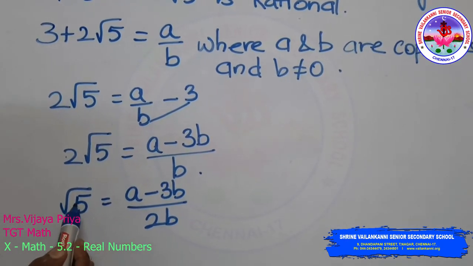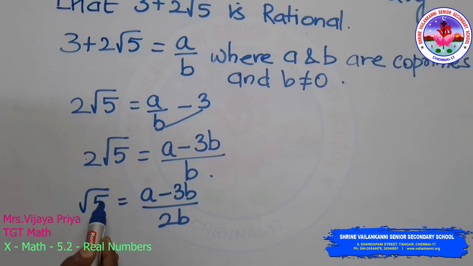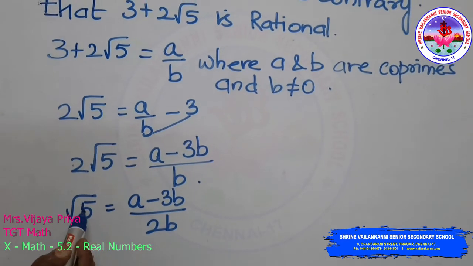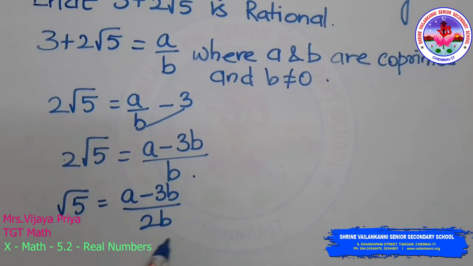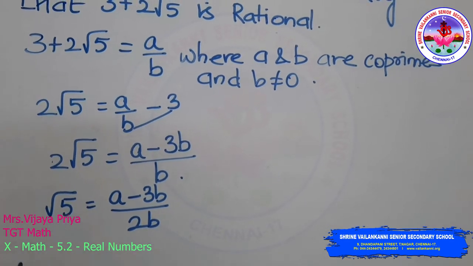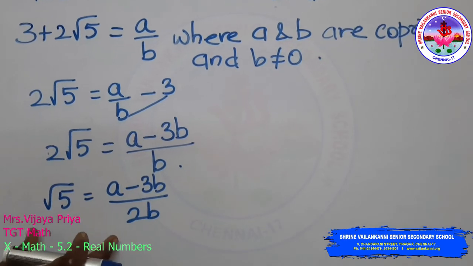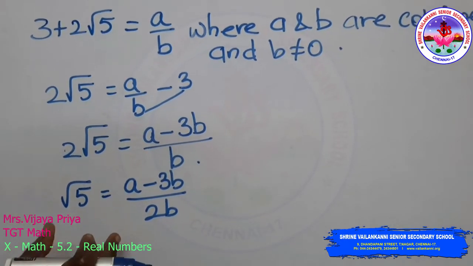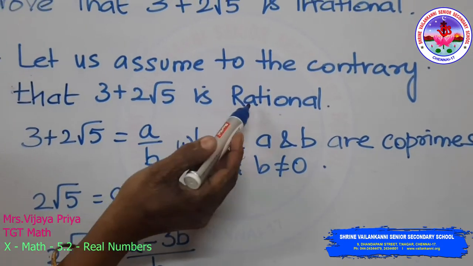So for root 5, going by property 1, if p is a prime number, then root of p is an irrational number. Using that concept, we get that root 5 is irrational, which contradicts this fact. So hence root 5 is an irrational number. This contradiction arises due to our wrong assumption that 3 plus 2 root 5 is rational.